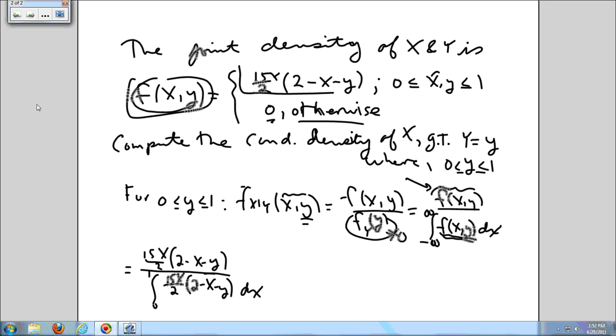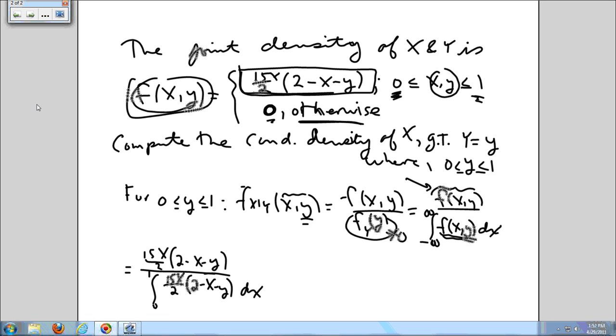Now, remember, if both x and y are between 0 and 1, we get this rule. But if only x is between 0 and 1, and y is not, that's the otherwise case, and we get 0.